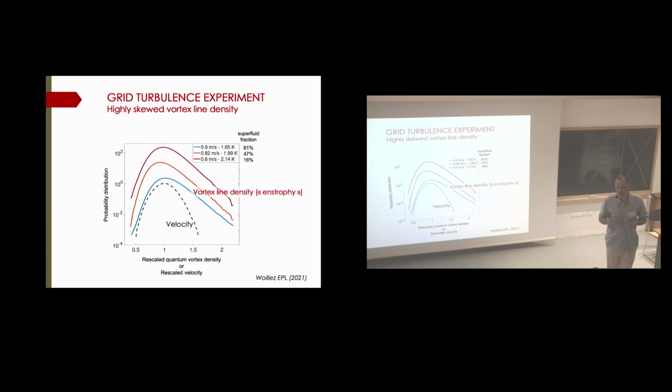It's another scale, proportional to the intervortex spacing but much bigger. No, it's not a Taylor scale, because it's related to the coupling between the two. It's a temperature-dependent scale.